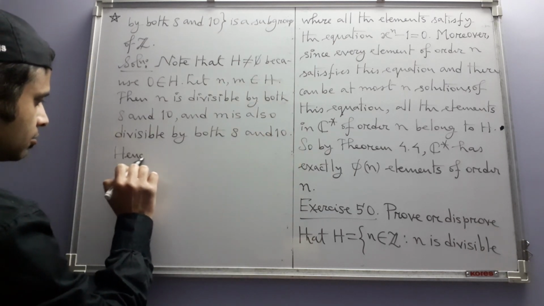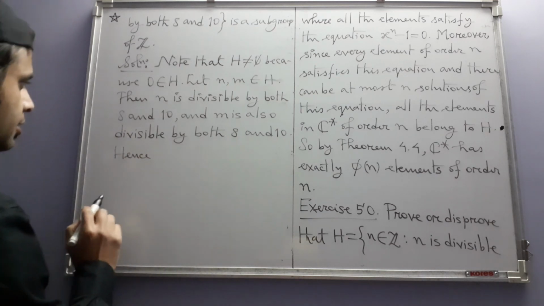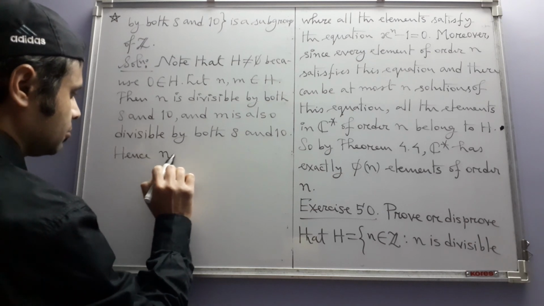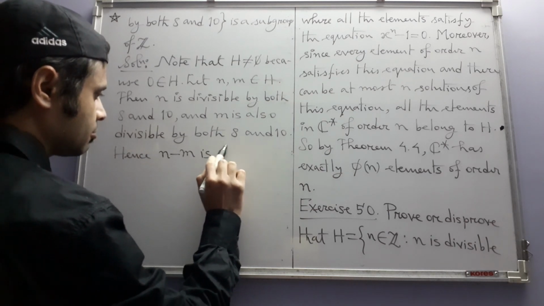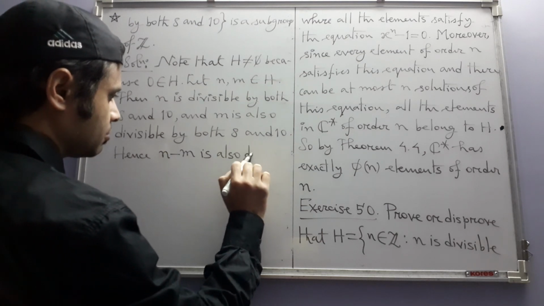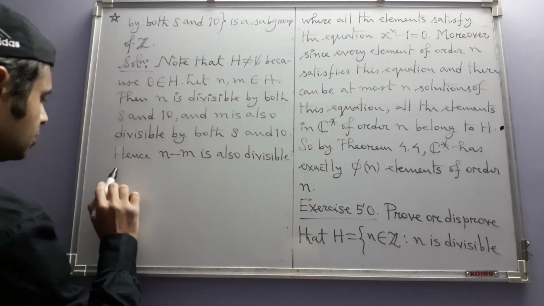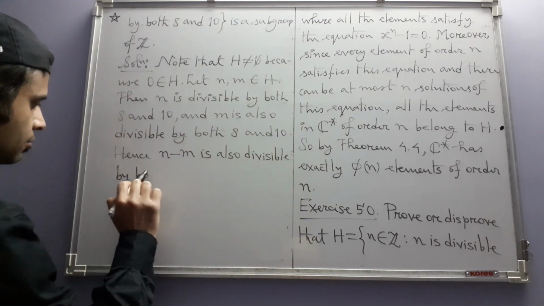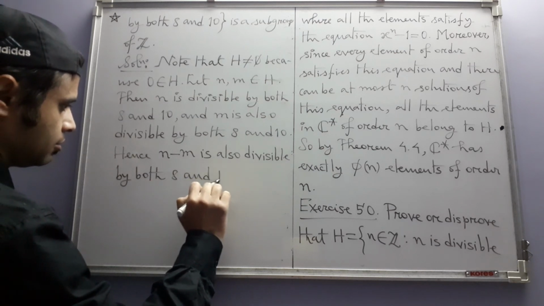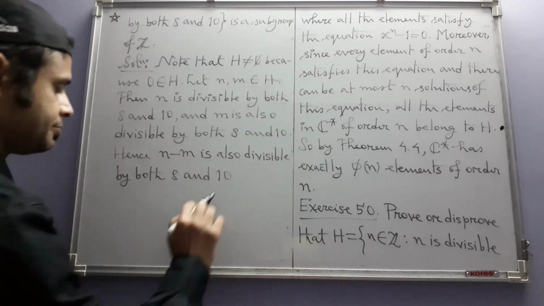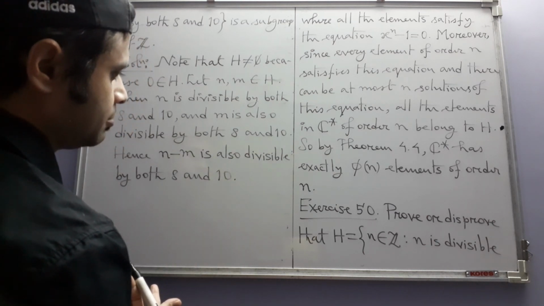Hence, from elementary properties of integers, n minus m is also divisible by both 8 and 10. Why 8 and 10 though?